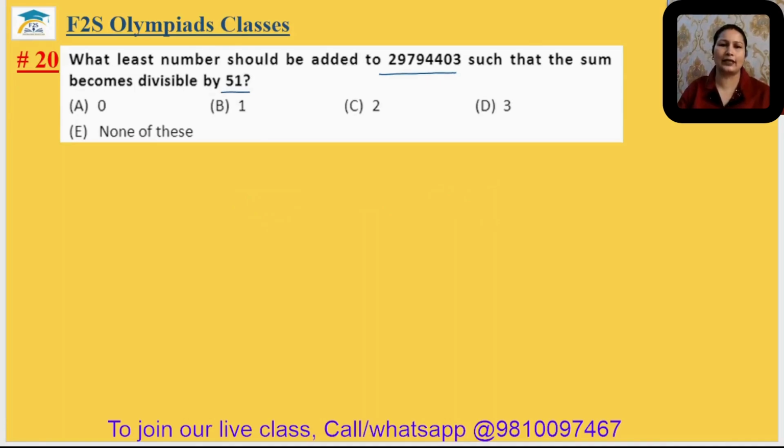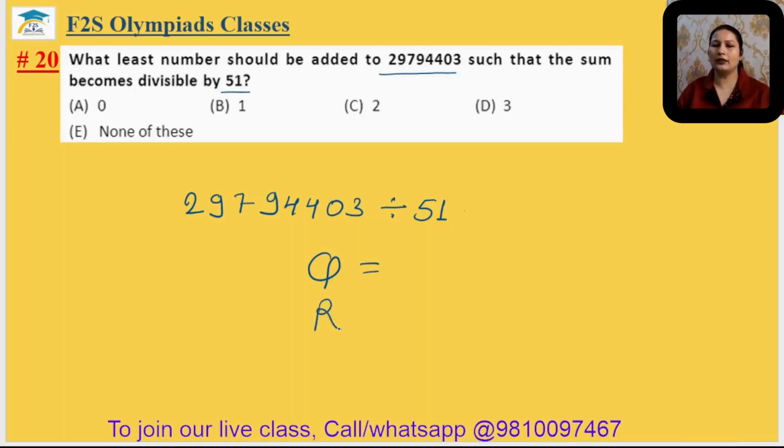I'm just writing it like this: 2979440 divided by 51. Once you divide in your notebook, you can find the quotient and remainder. The quotient will be 584203, and you will get the remainder as 50.